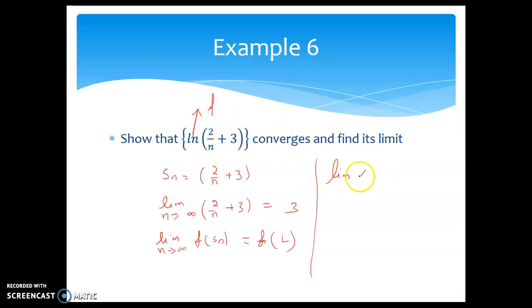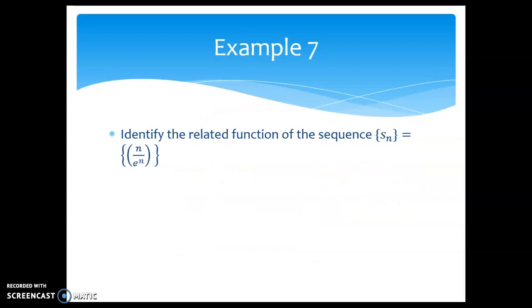Okay, so the limit of ln of 2 over n plus 3 as n goes to infinity should be equal to ln of 3. Okay, so this is what the theorem was talking about.